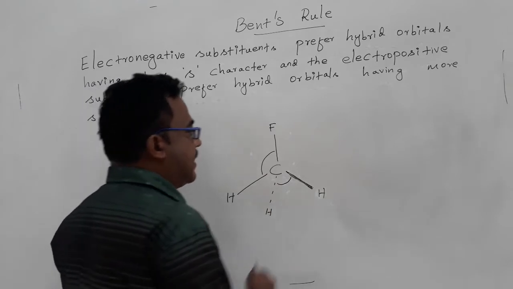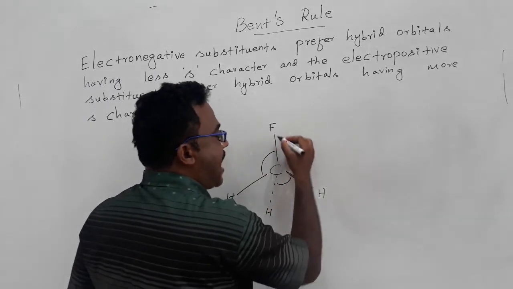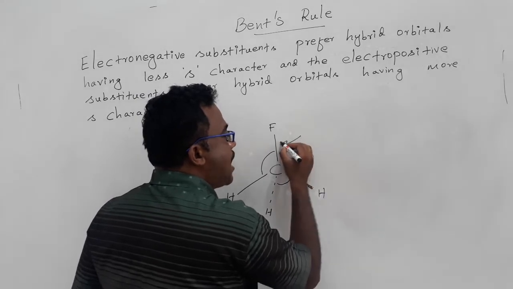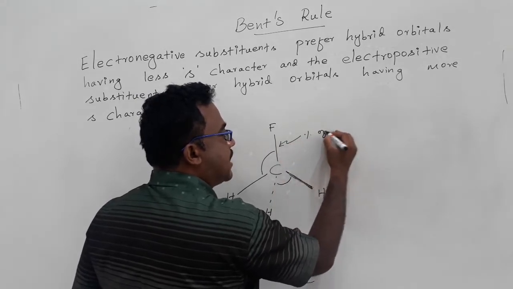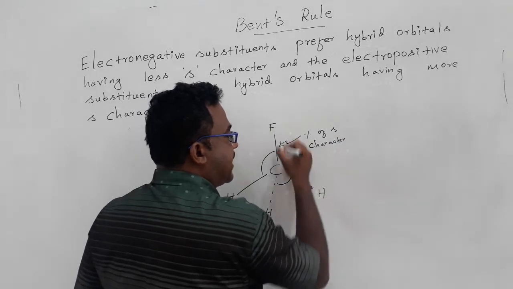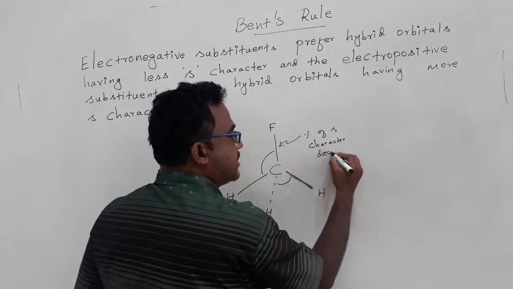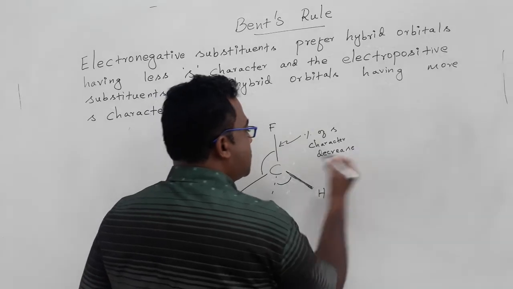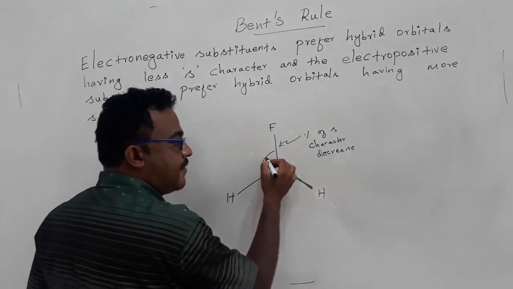From Bent's rule, it's very clear that in the sp3 hybrid orbital toward fluorine, the percentage of s character should decrease. So this would have a lower bond angle.